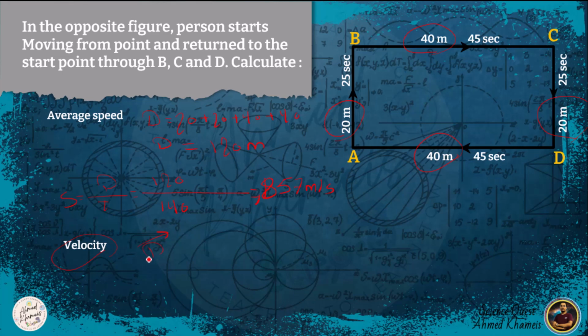And don't forget that displacement has to have an arrow above it to indicate that it is a vector physical quantity. The starting point of the object is the same as the ending point of the object. So the displacement will equal 0. So the velocity of the object will equal 0 over 140 seconds, equal 0.